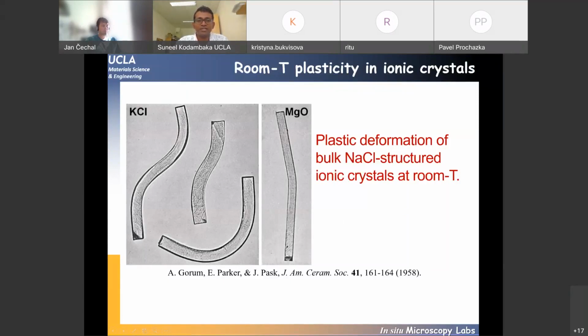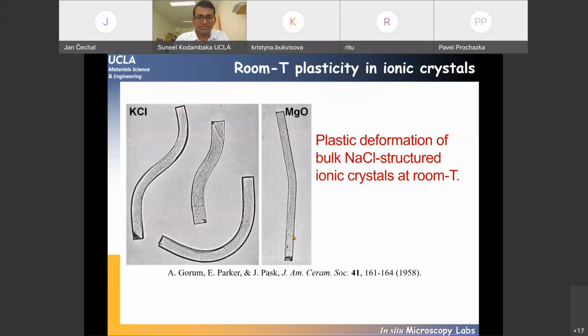refractory carbides, is the plasticity in purely ionic crystals. So these are sodium chloride structure materials, magnesium oxide, potassium chloride, and these are optical micrographs obtained a long time ago. And these are manually bent at room temperature. So these are bulk crystals, nothing nano about them.